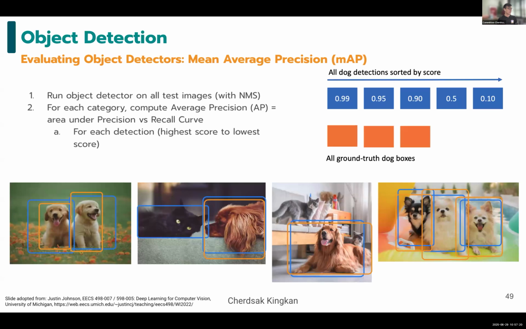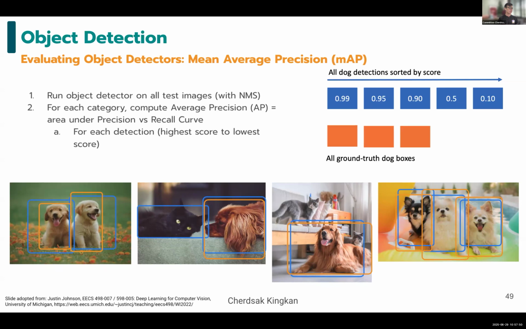So let's say these are the test images that we have. We pass these images to the object detector, and then we perform NMS. This is the result we got. The blue boxes are the results from the object detector after performing NMS.